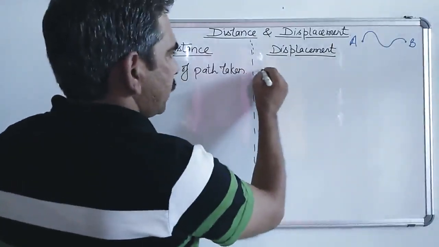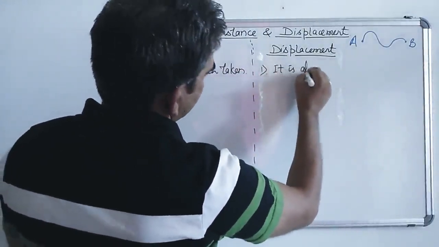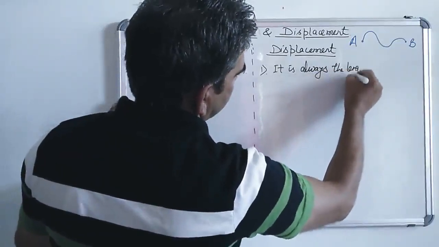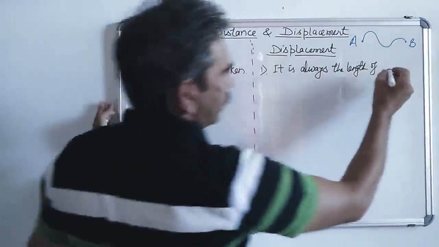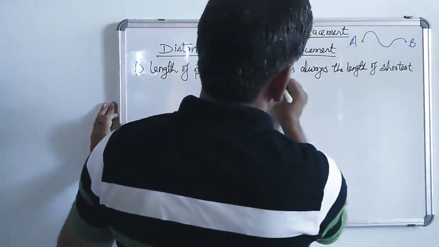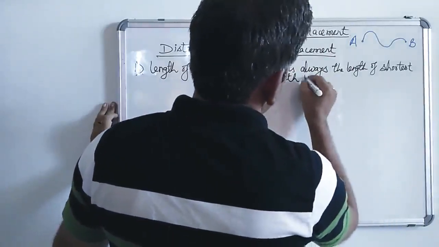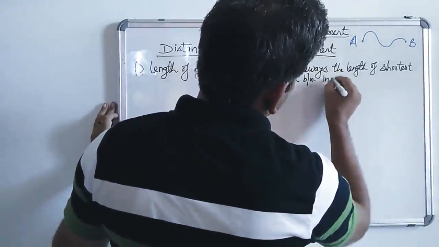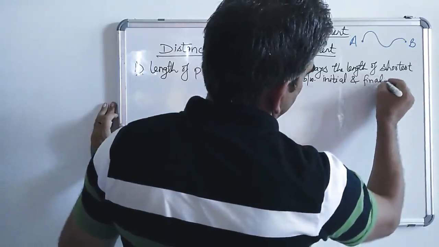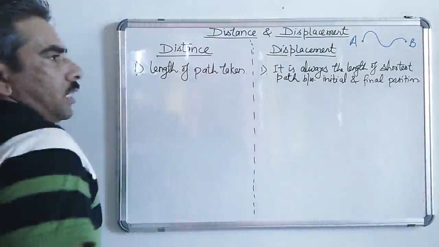And displacement is always the length of the shortest path between the initial and final position of the object during the journey.